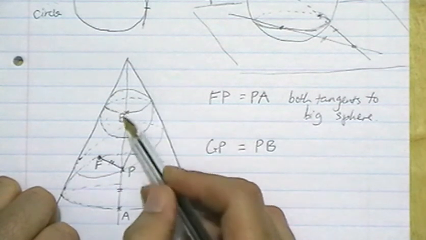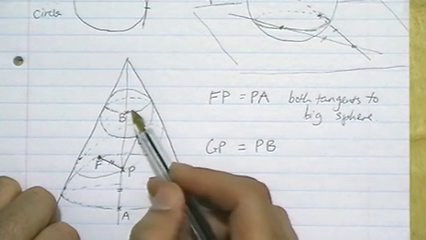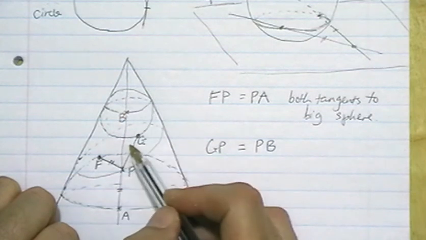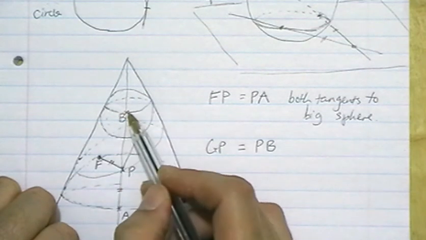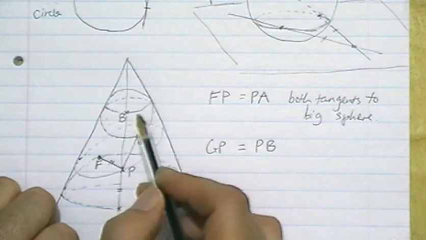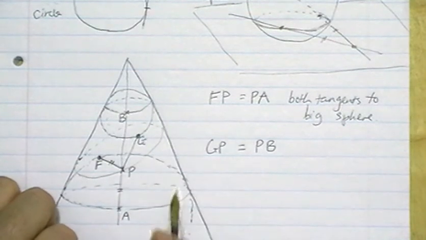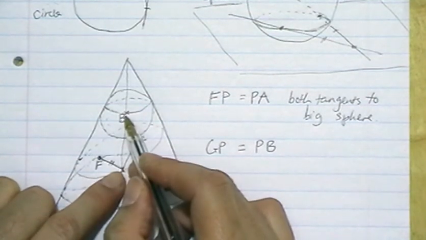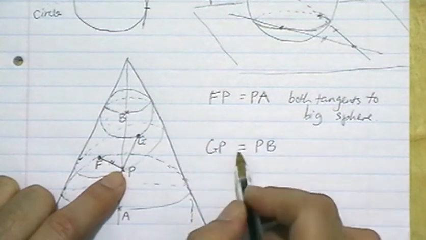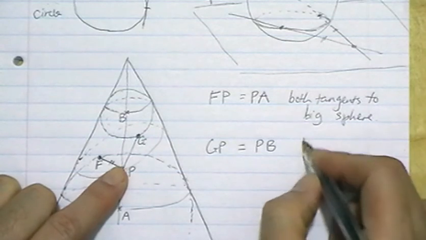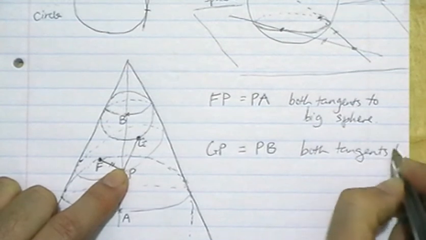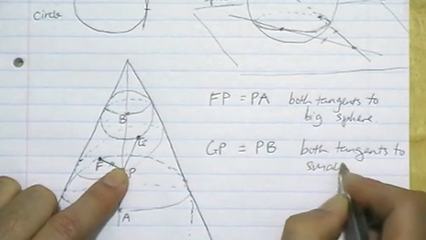Now this line PB touches the sphere at B simply because the sphere touches the cone at all of this small circle. So PB is also a tangent to the small sphere. So therefore GP is equal to PB because they are both tangents to the small sphere.